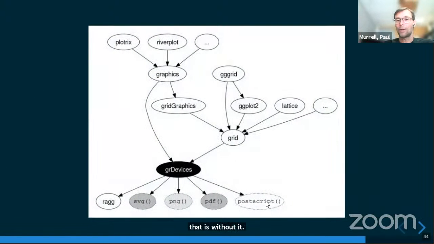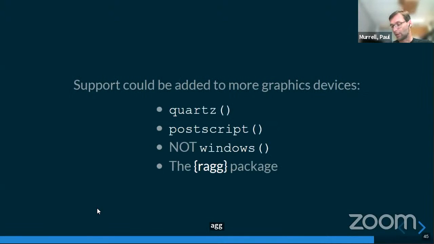So there are other file-based devices that just don't have it yet. There are people who have written their own graphics devices like the ragg package, and they're not implemented there to my knowledge. So that's an area where some work could be done. Some of that is up to other people. They can make the graphics device packages do this stuff if they want to.